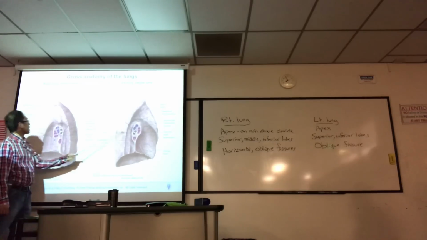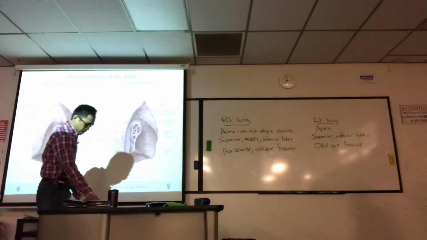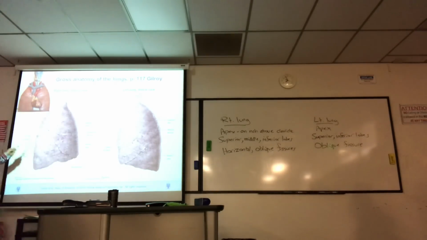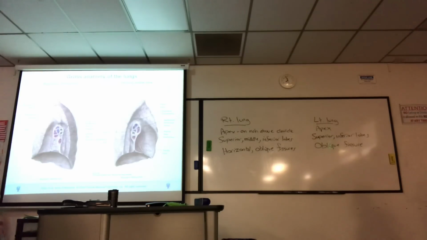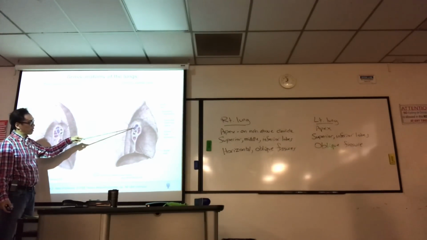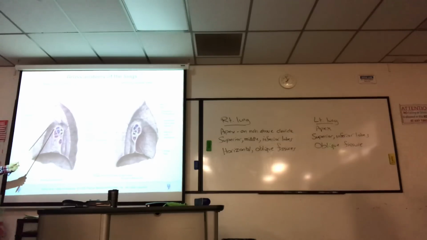How I think of it is, the artery goes over the airway on the left side. To me, that's why it pushes the airway down, so it's underneath the artery on this side. And over here, again, the artery is anterior to the airway.